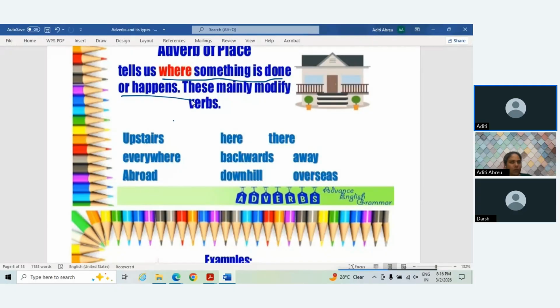But if after the word you see a noun comes, like the book was kept inside the room, so after inside the noun is coming, then it is a preposition. Here the word inside is working as a preposition.